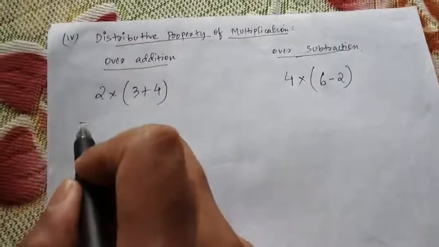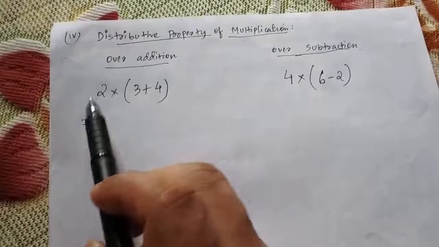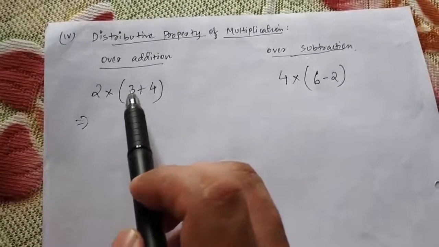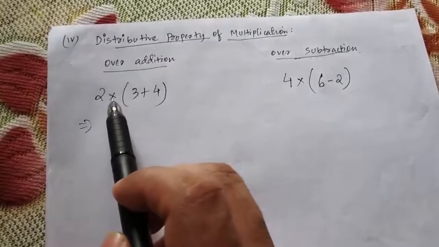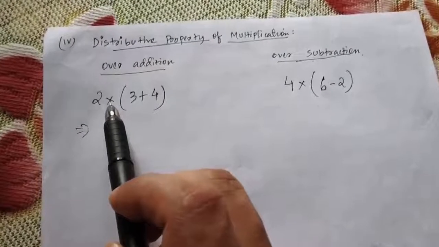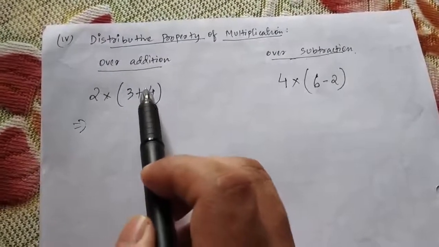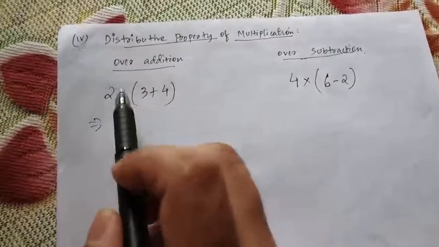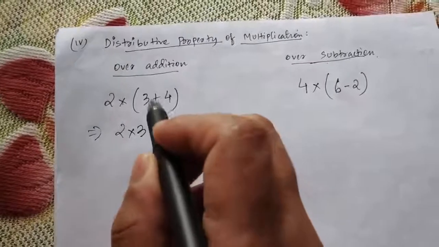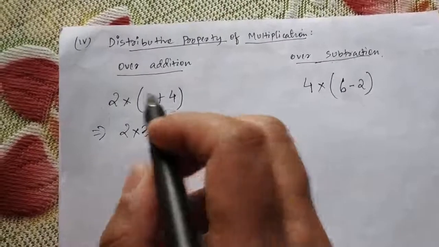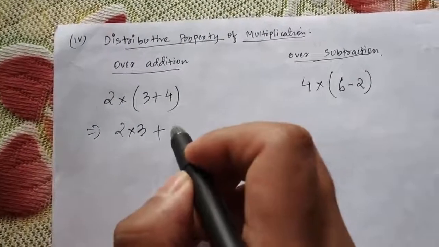Now how will we solve? Whenever such kind of expression is there, inside the bracket, the integers will distribute over the multiplication, and the operation will be of addition, like 2 into 3. First we will write that, then addition, then 2 into 4.